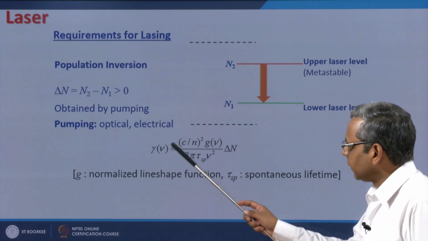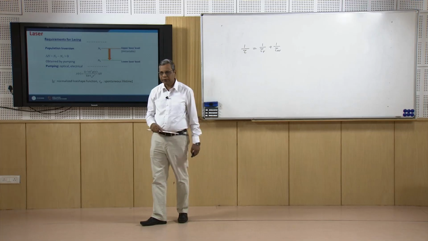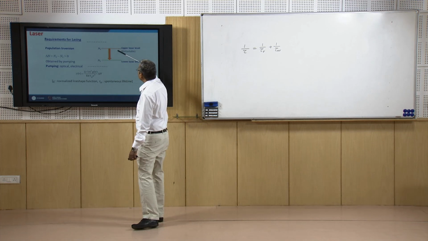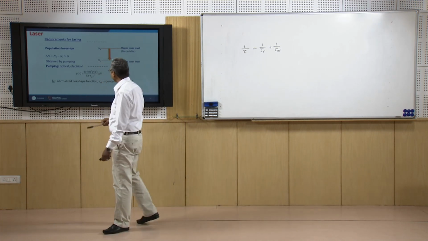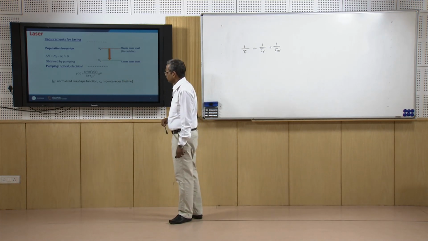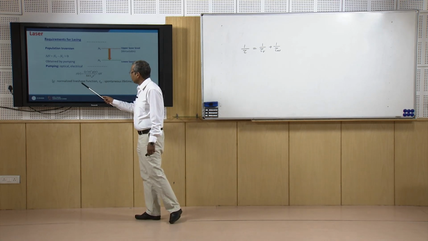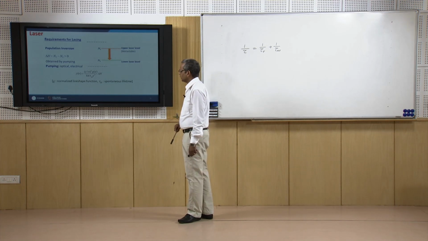It is frequency dependent because these are not just single, very fine levels; there are bands, and even discrete levels have a certain width, because the line is always broadened. So G nu is the normalized line shape function and tau sp is the spontaneous lifetime.